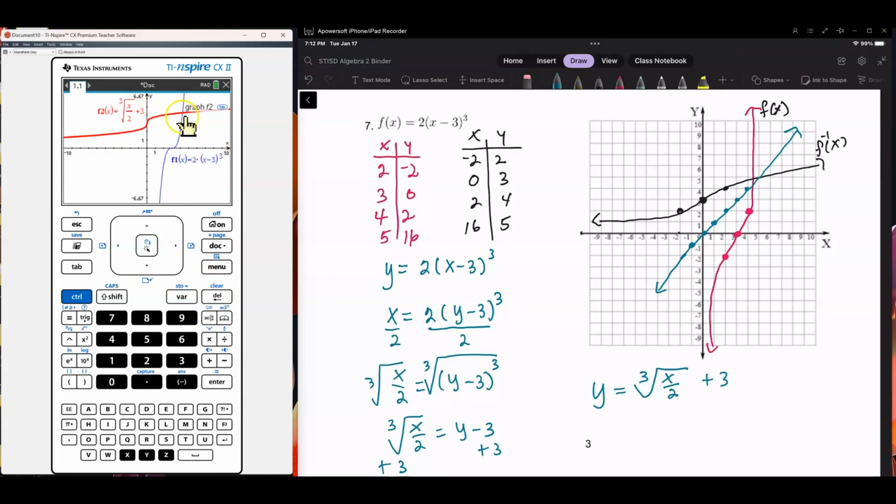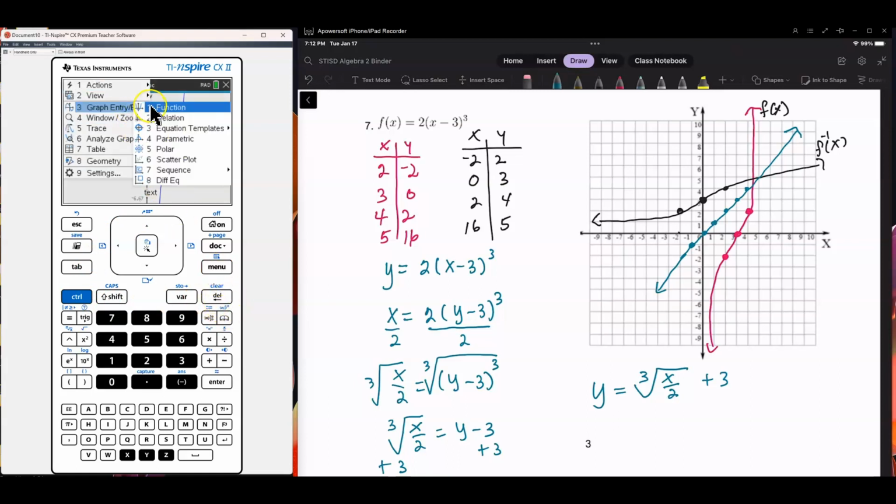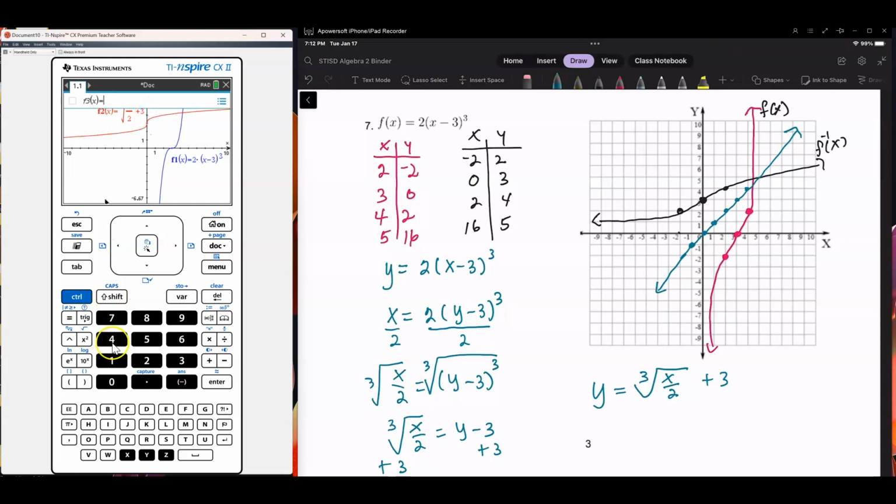You notice that they're a reflection over the y equals x. So you go to menu, graph, function, and you have y equals x, enter. And there is our mirror, and our picture looks just like that. So you're going to have to do that on the test, all right?